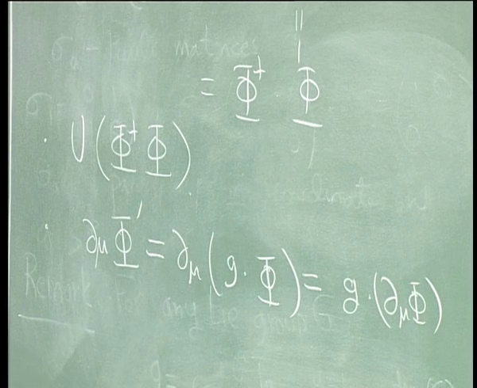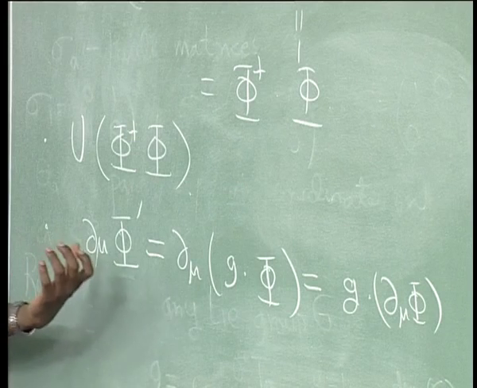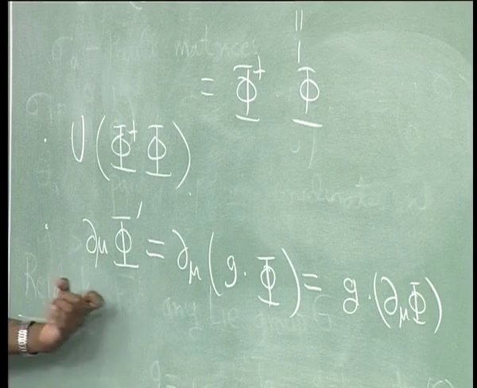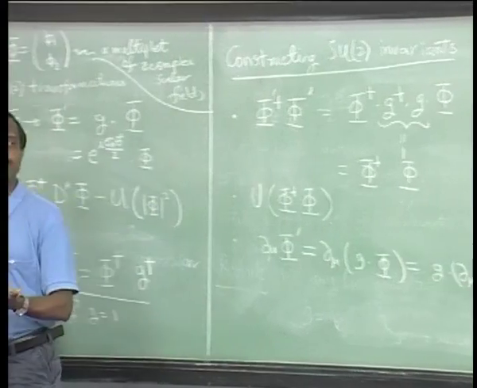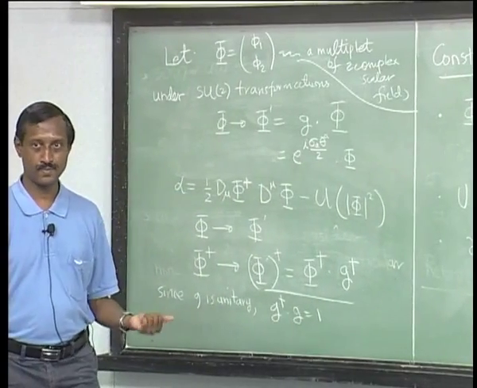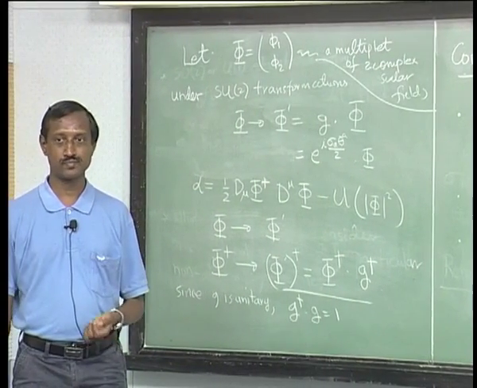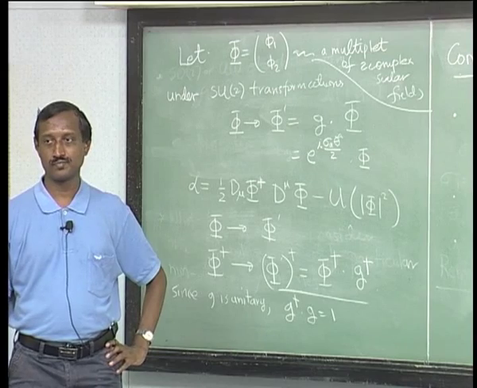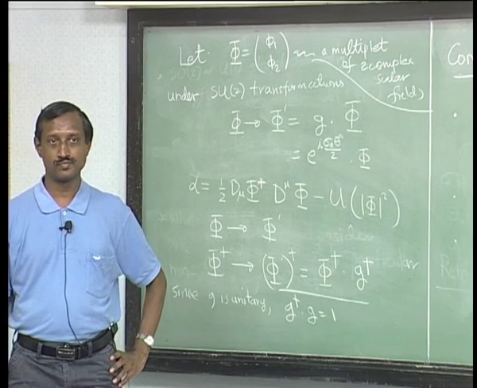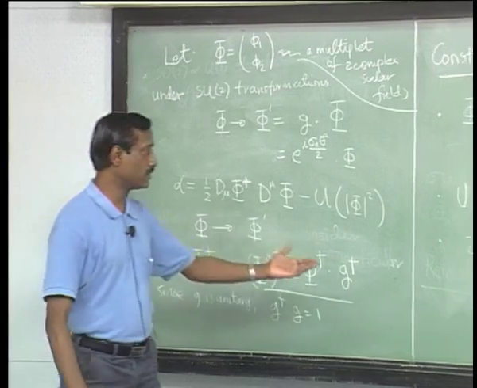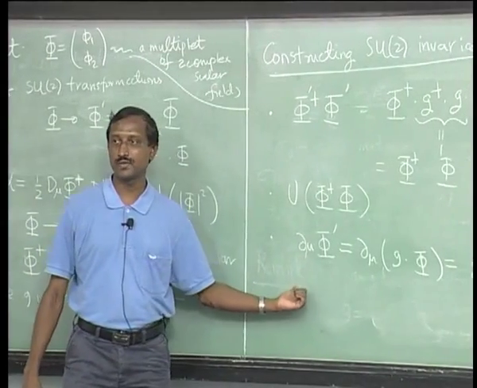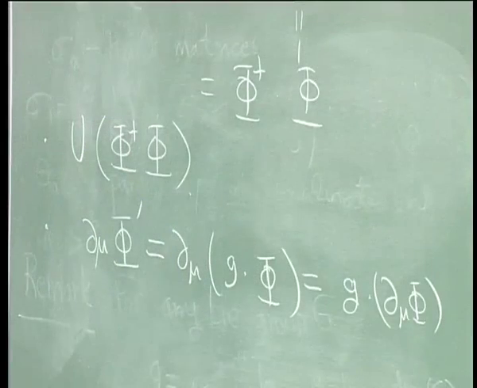So, now the question is, can we construct Lorentz scalars from this object which are also SU2 invariant? Can you give me something? Can we construct an invariant from this? Yeah.